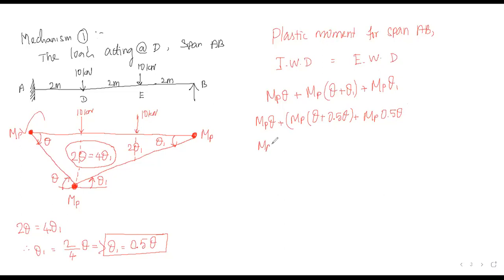So here it is MP theta, here it is 1.5 MP theta, here it is 0.5 MP theta. So total 2 plus 1, 3 MP theta.